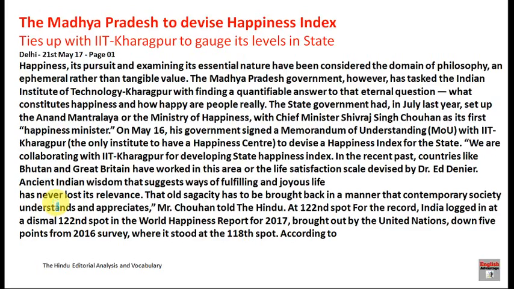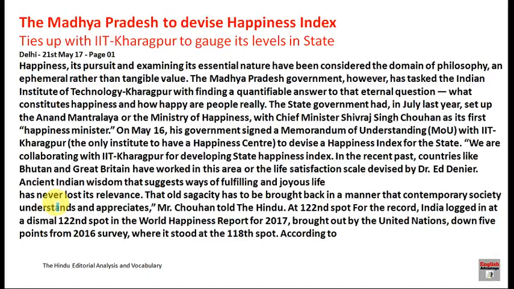Now this is the second article, and this is regarding the happiness index. Madhya Pradesh to devise happiness index, ties up with IIT-Kharagpur to gauge its levels in the state. Of all the IITs, IIT-Kharagpur is the first institute to devise a happiness index. So this question could also be asked in competitive exams.